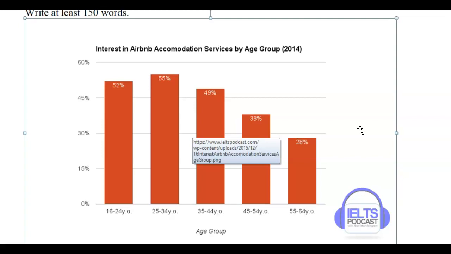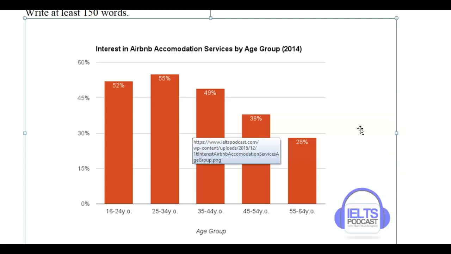This was particularly true with the 25 to 34 age group, which recorded 55% interest in Airbnb. The figure for the younger age group was slightly less at just 52%.